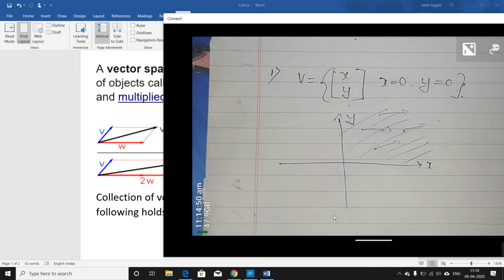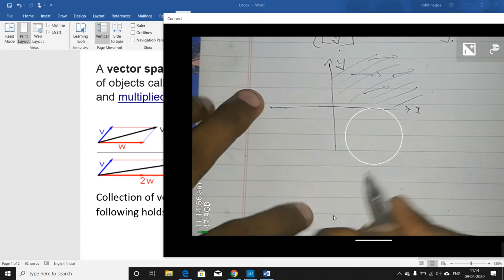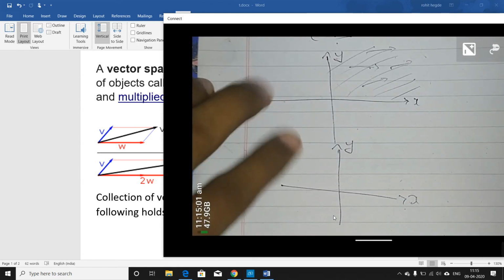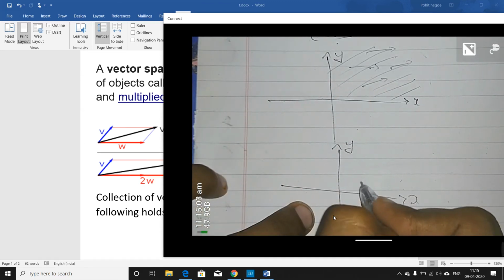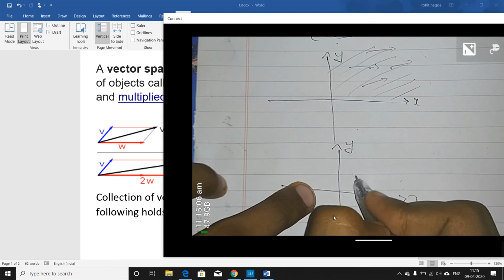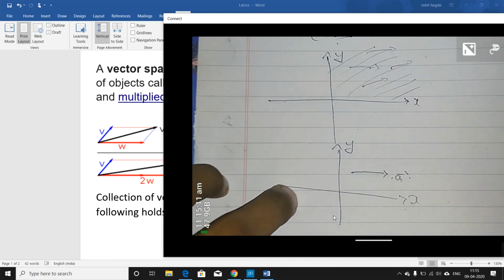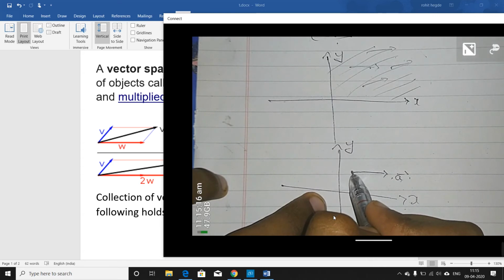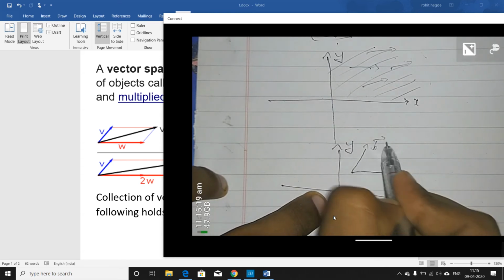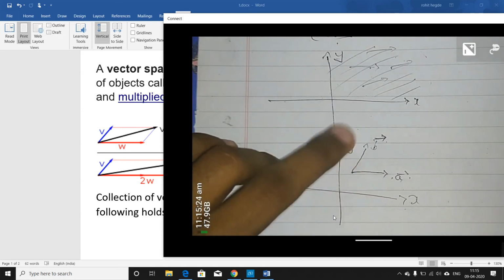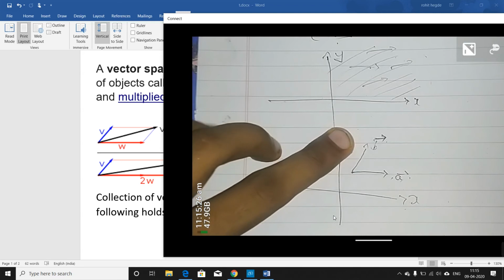We will check it. I will draw here this x and this y. If I have one vector, a vector, and another vector, b vector, then for a plus b we need to check these two axioms.